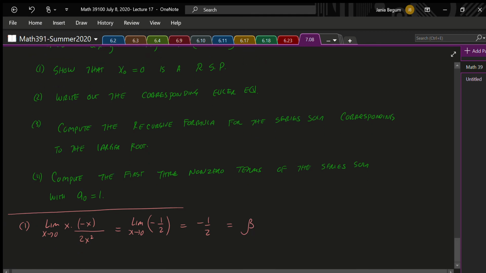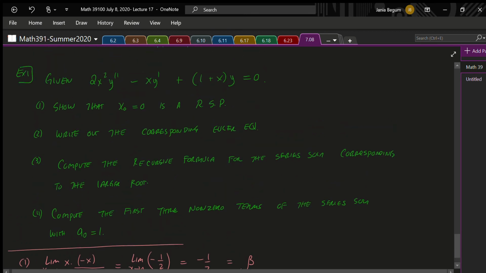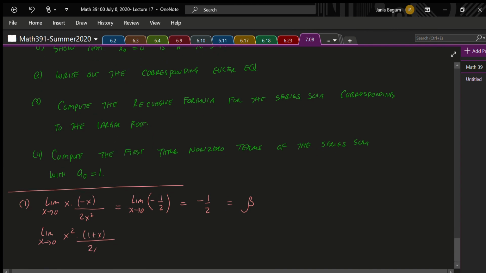Now let's take the second limit. Limit as x goes to 0 of x squared times r of x, that's 1 plus x, over 2x squared. By simplifying this, x squared will cancel out, so we have the limit as x goes to 0 of 1 plus x over 2.